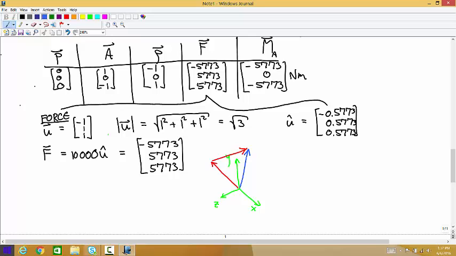So this is MA, and it gives the axis that the moment causes a rotation about.